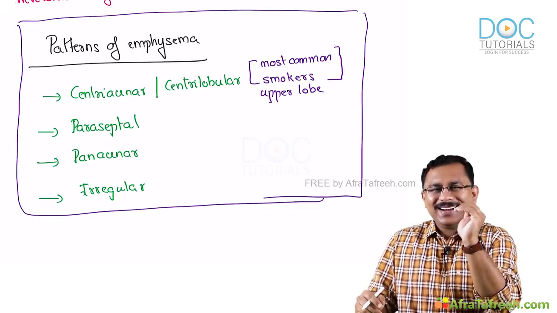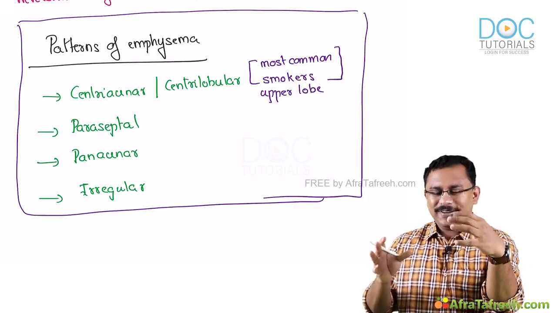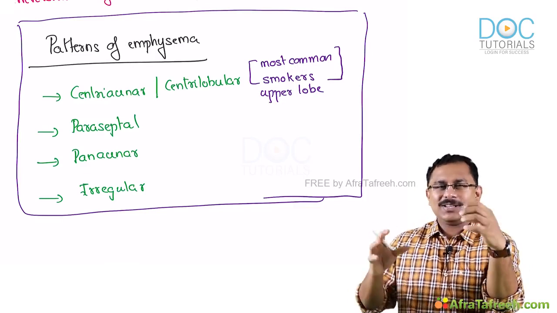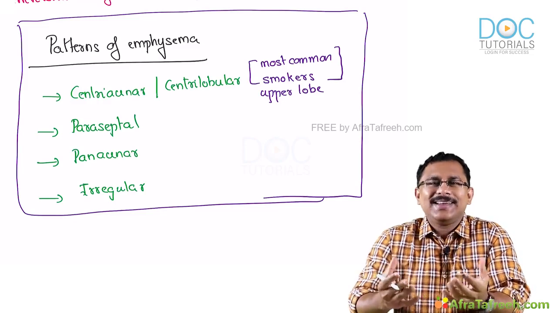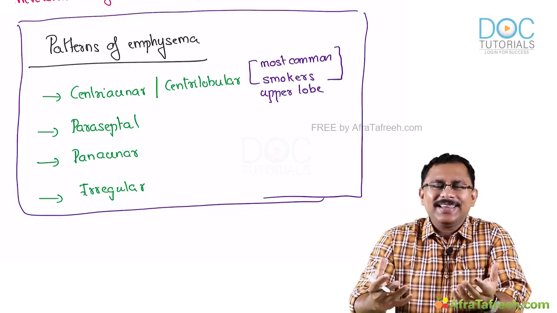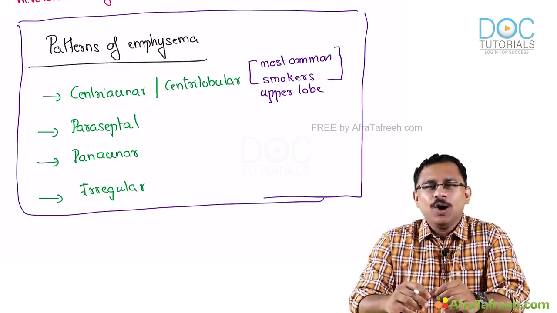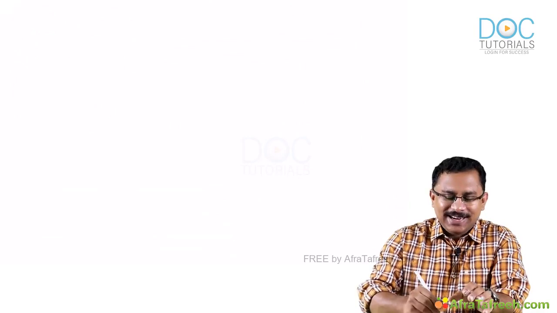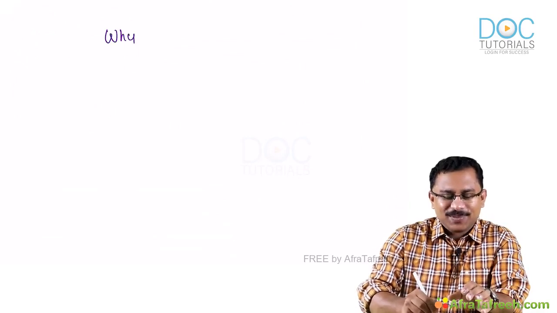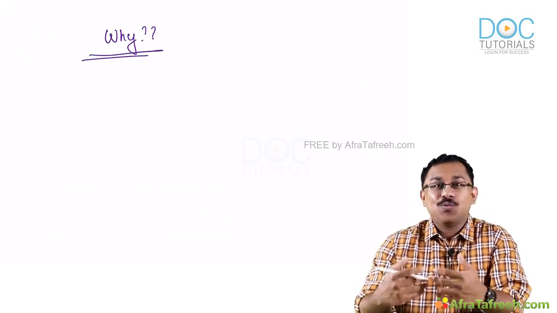Now, having understood, okay, this emphysema, the patterns and what is happening, now the next question, why is there a destruction and dilatation of the respiratory acinus? Why does it occur? So everything in medicine always starts with the question, why? Okay, you have got to ask why always.